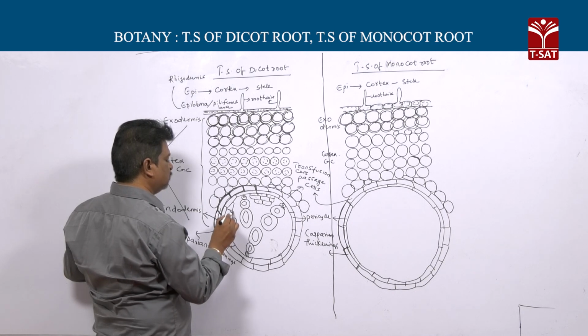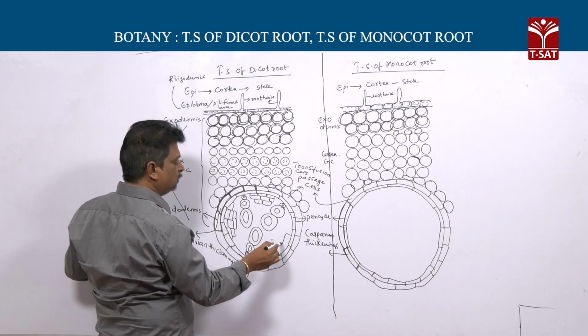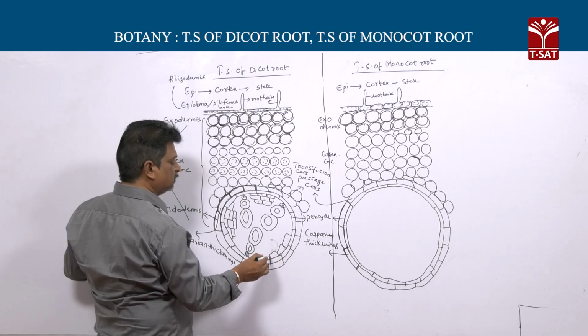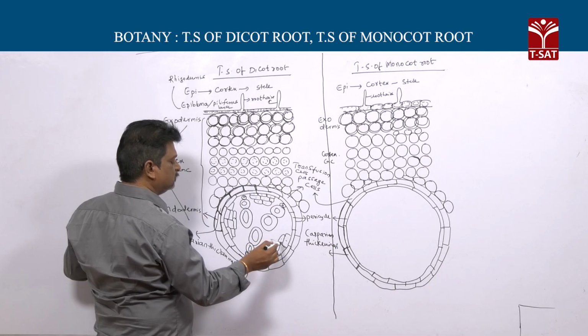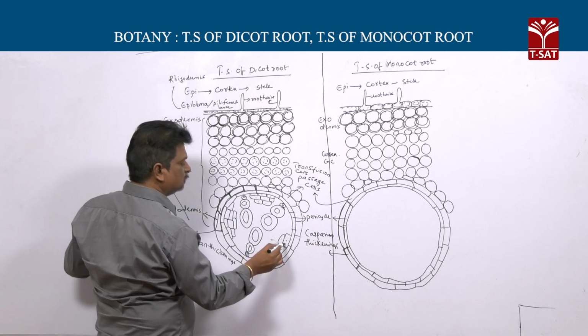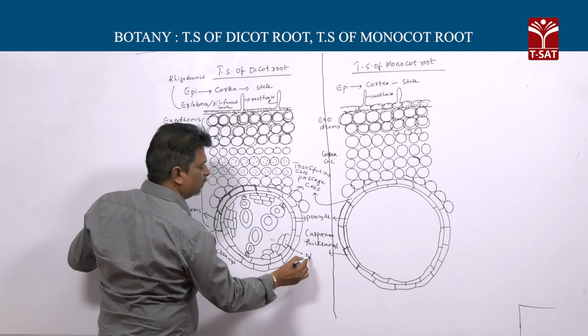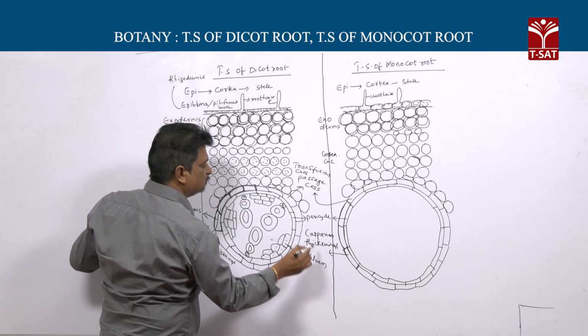So, root character, either dicot or monocot root, is radial vascular bundles.